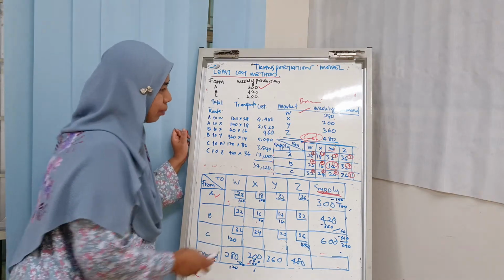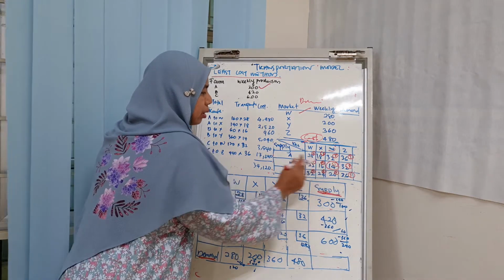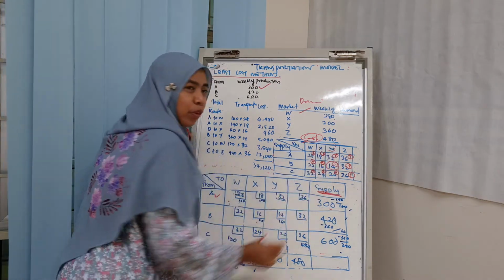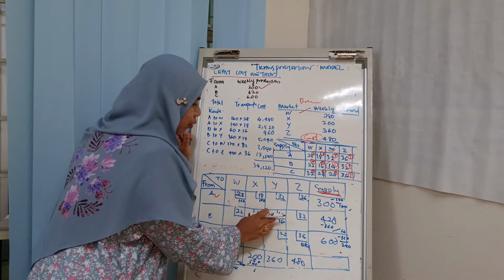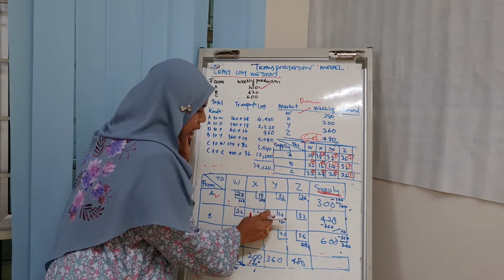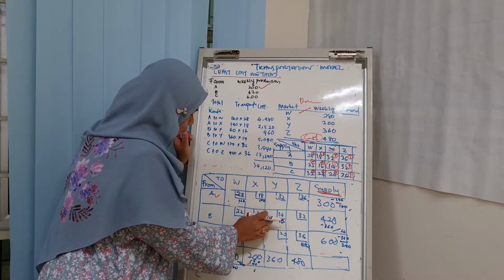For example, you already know B to Y is 14 ringgit. Where is the 14 ringgit? It is here.